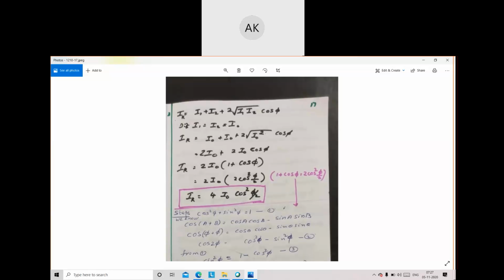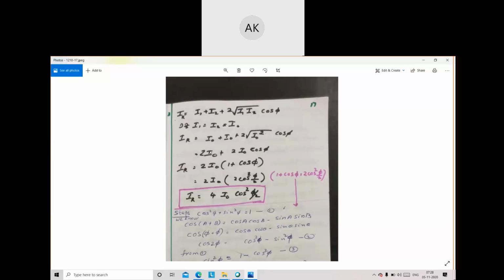Resultant intensity equation: I1 plus I2 plus 2 root I1 I2 cos phi. If I1 equal to I2, both the waves are having the same intensity. Let us take that as I0. Therefore, IR is equal to I0 plus I0 plus 2 into root of I0 into I0, which is root of I0 square, into cos phi.